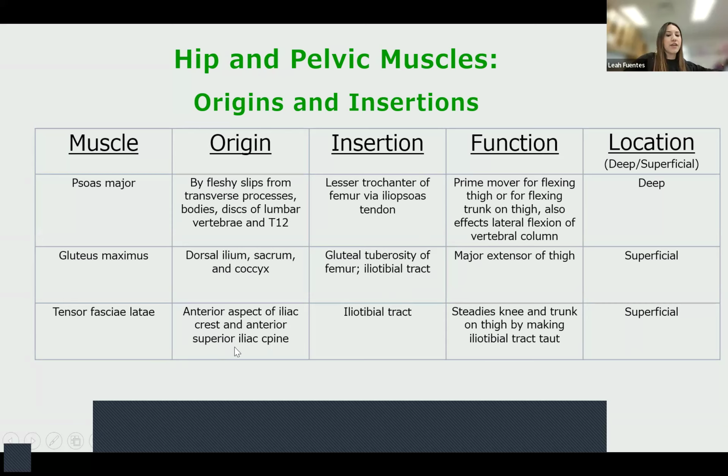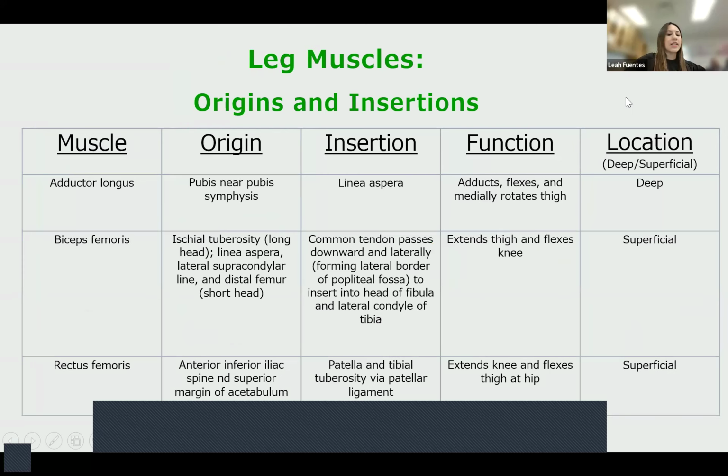And then your tensor fasciae latae: iliac crest or your pelvis, and then insertion iliotibial tract. And then our leg muscles, we have our adductor longus: origin near pubic symphysis, pelvis, insertion linea aspera of your femur, so just femur. Biceps femoris, and then rectus femoris.